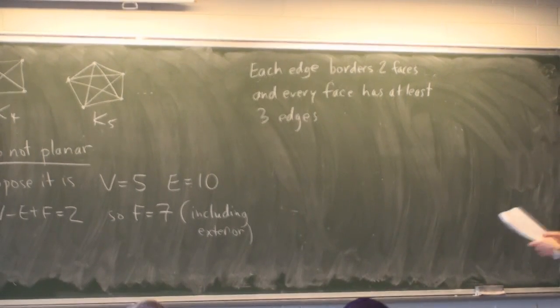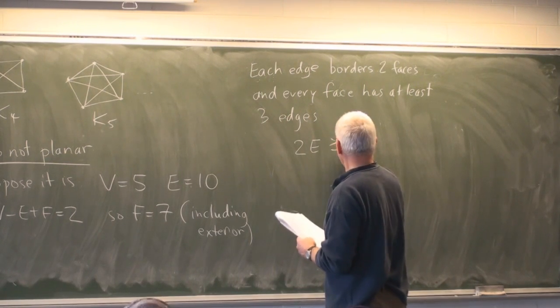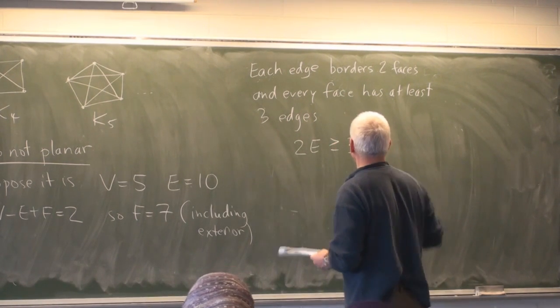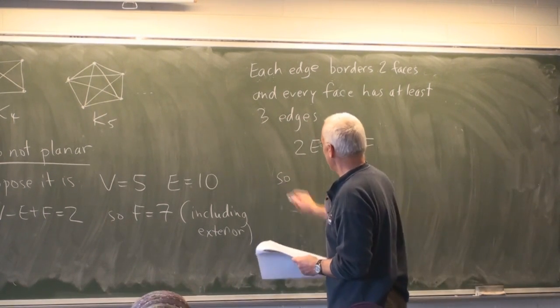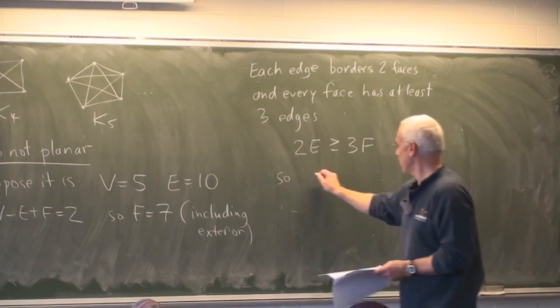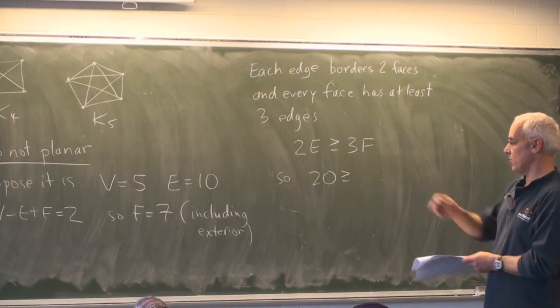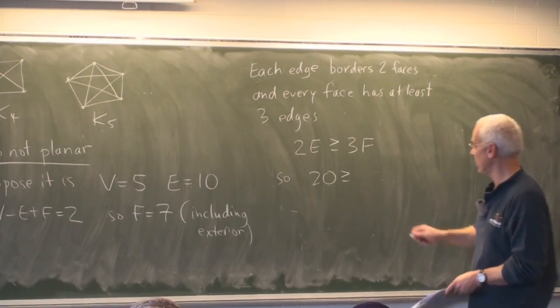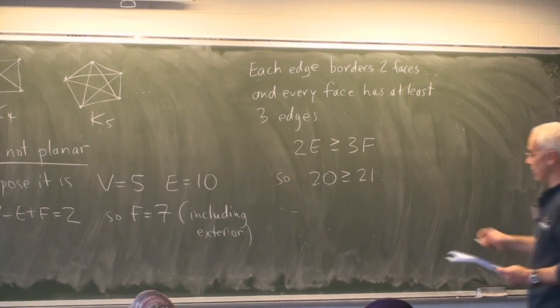So if we count, 2 times the number of edges must be bigger than or equal to 3 times the number of faces. But the edges are 10, and the faces, according to Euler's formula, would be 7. So 3 times 7 would be 21, and that's not possible.